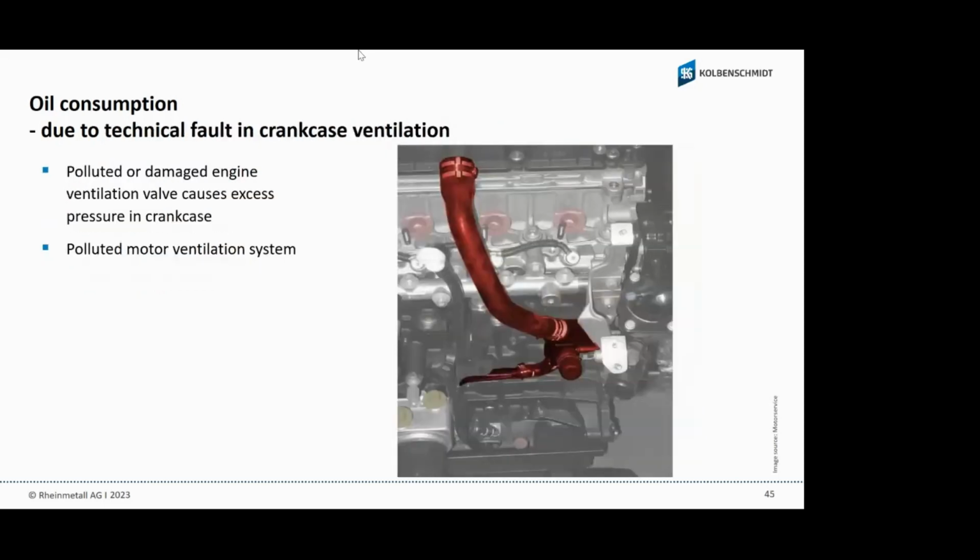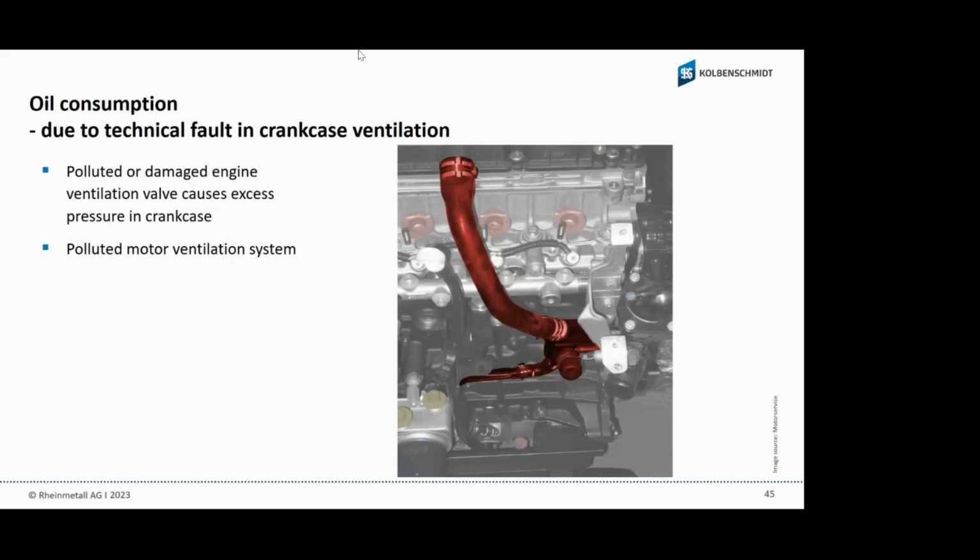Also, the crankcase ventilation. When the crankcase ventilation is blocked, the pressure in the crankcase can be too high, and in this situation the oil from the oil scraper ring cannot drain back to the bottom of the engine, because the pressure on the crankcase side is too high.